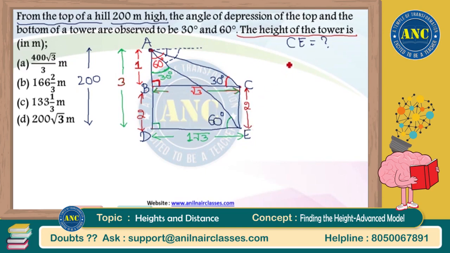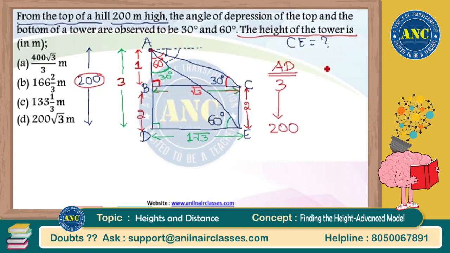That means, according to the ratio, if AD is 3 units, according to the question, that same AD value is 200 units.